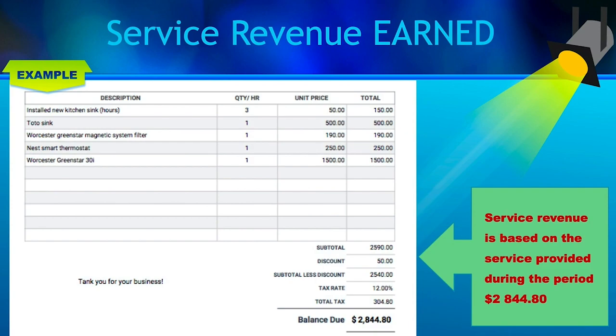So what we have here is a contract, the installation of certain fixtures, and the amount that is earned according to our invoice there is $2,844.80. Now we do not know if anything has been paid as yet. What we do know from this is that this is the amount that is earned, and this would be the amount that would be entered into the income statement as revenue.